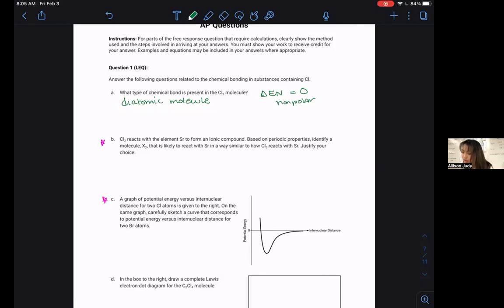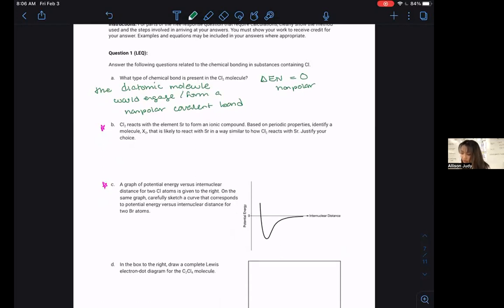So what type of chemical bond is present in this Cl2 molecule? Well, the diatomic molecule would form a non-polar covalent bond. So Cl2 reacts with the element strontium to form an ionic compound.